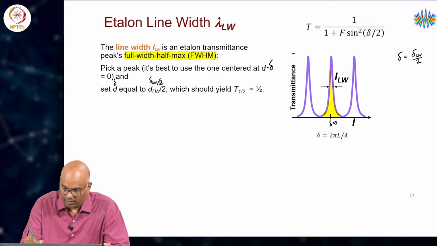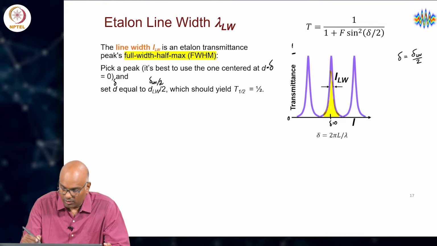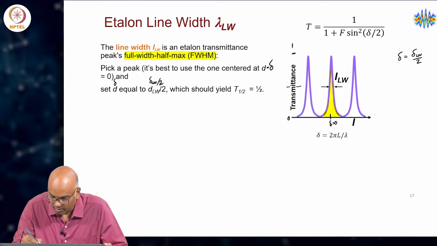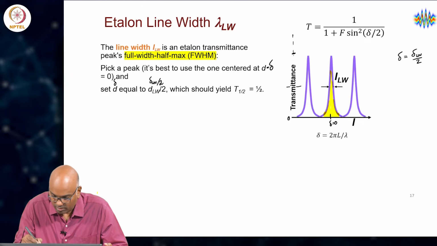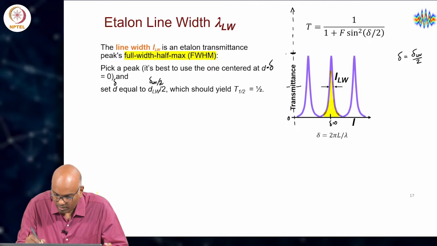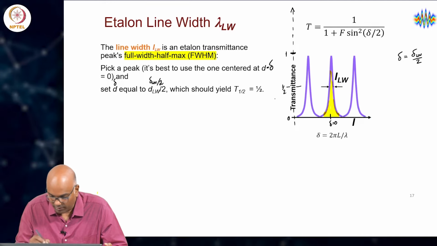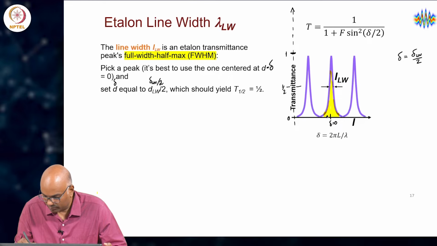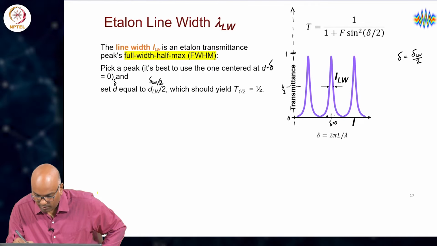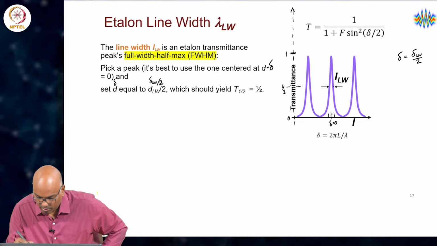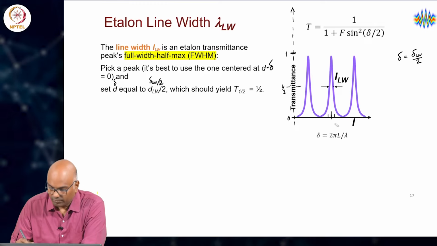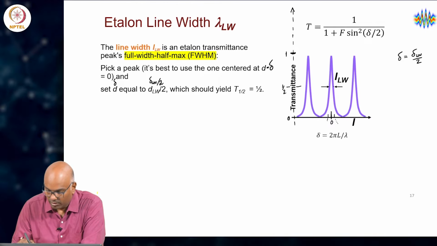On the scale of the transmittance, if this is 0, this is unity, and we presume that the scale is linear, then the transmittance function which took the value 1 here should have taken the value a half here, and this happens at 2 points about delta equal to 0.